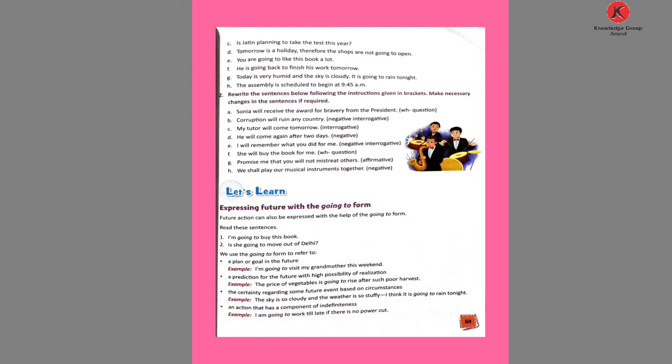Then here E. I will remember what you did for me. Negative interrogative. So here only this change. You first write will, then I, then write not.